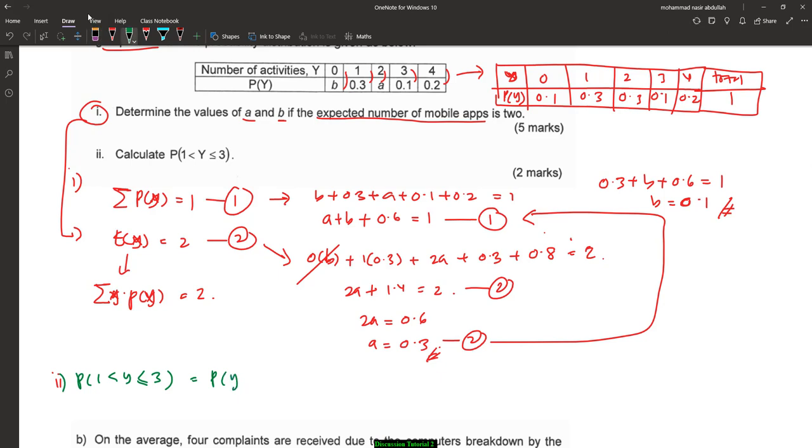Y equal to 2 plus probability of Y equal to 3. So very simple. 0.3 plus 0.1 should be 0.4. Easy, right? So like the Additional Mathematics SPM questions before. More or less the same. Okay.